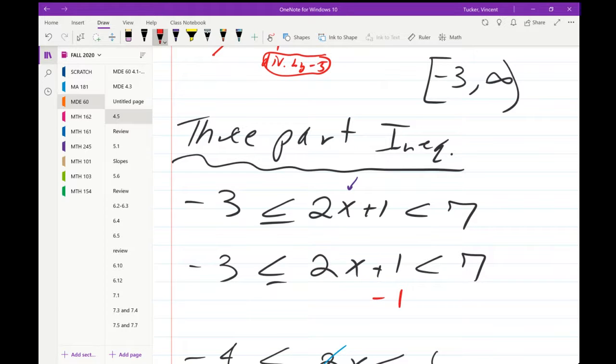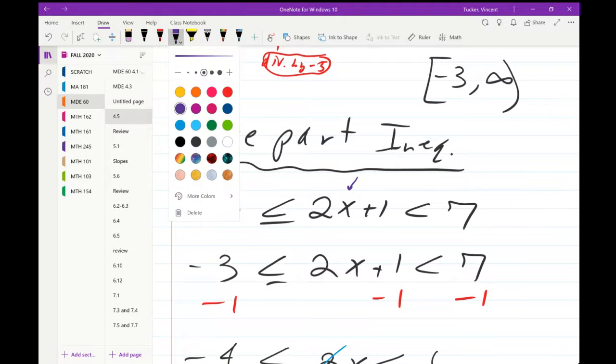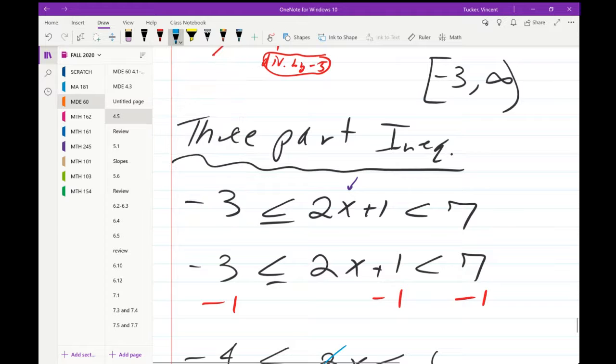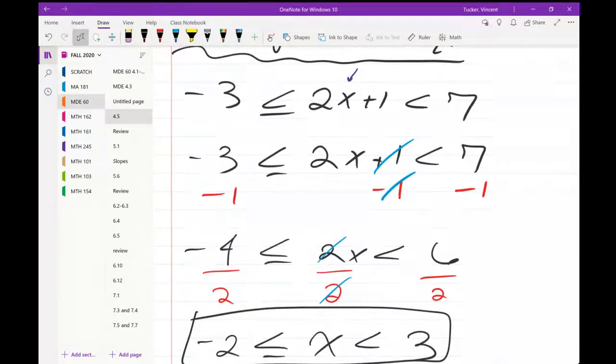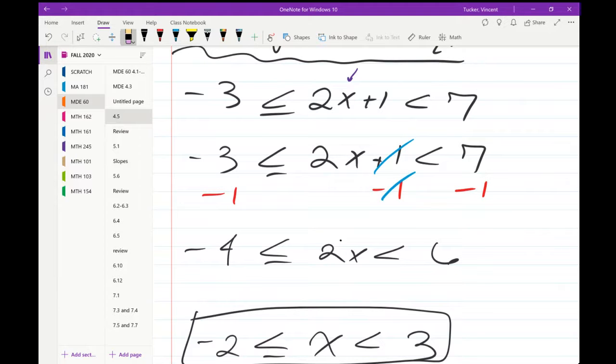If I subtract 1 from the middle, then I need to subtract 1 from all three pieces. And the ones cancel in the middle. And what we have is -4 less than or equal to 2x, which is less than 6.